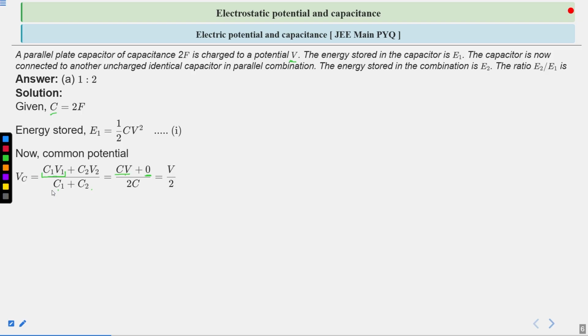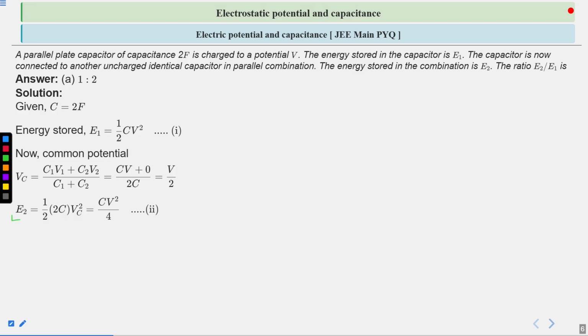Since they are connected in parallel, the equivalent capacitance is the simple addition, C1 plus C2, and since they are identical, 2C. So after solving, the common potential is V by 2.